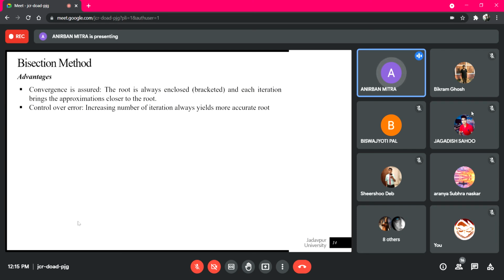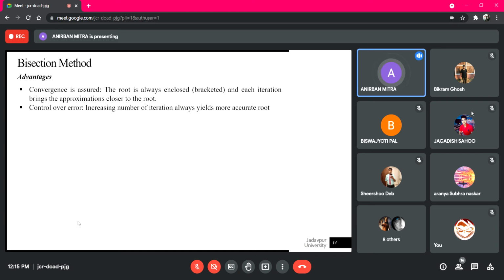The second advantage is more general to iterative methods, I should say, that it has control over error. We have discussed this previously. Why does it have control over error? Because we are defining our termination criteria in terms of the relative error itself. So increasing the number of iterations always yields more accurate results.